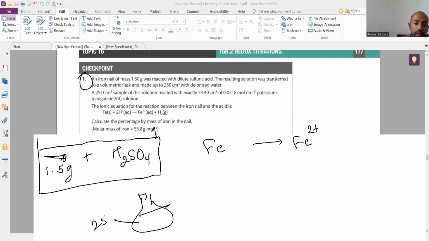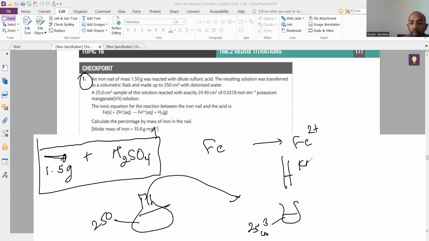This is in 250, right? And then 25 of this is taken out and titrated with KMnO4 of concentration 0.0218, and the volume is 24.4. Okay.